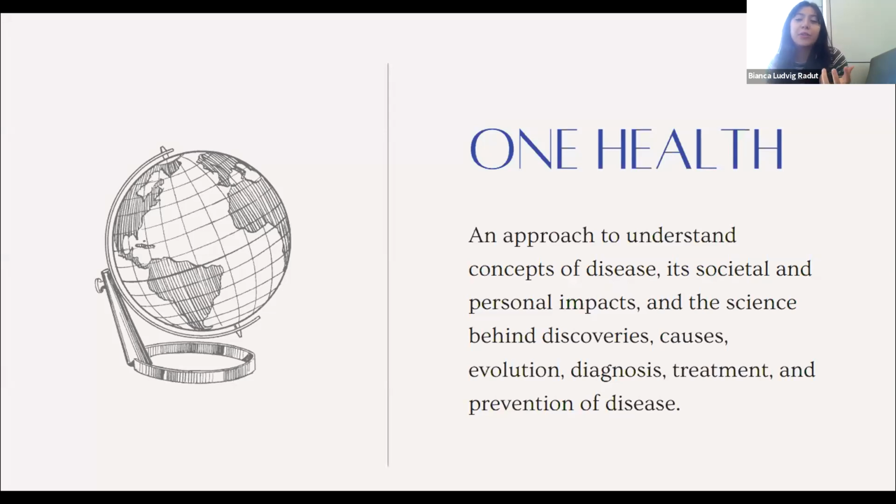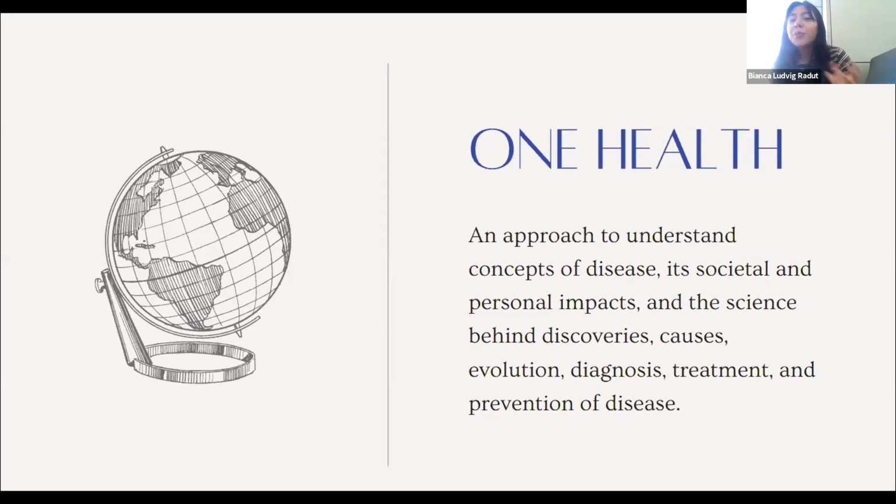And maybe another way to look at this is to think of it as a way to approach disease from multiple aspects. So it's societal impacts, personal impacts to individual people, the discoveries behind disease and how they progress, how they evolve, diagnosis and treatment of disease, what goes into disease, whether that's studying vectors and how diseases are transmitted that way, or looking at how they progress physiologically in the host.